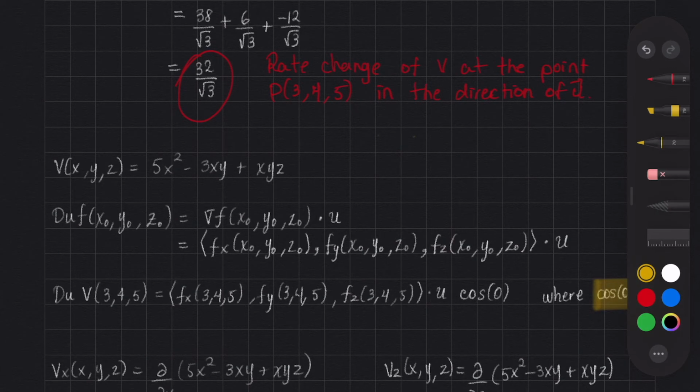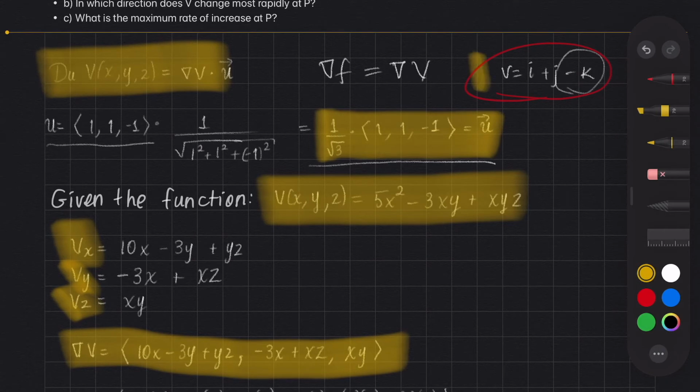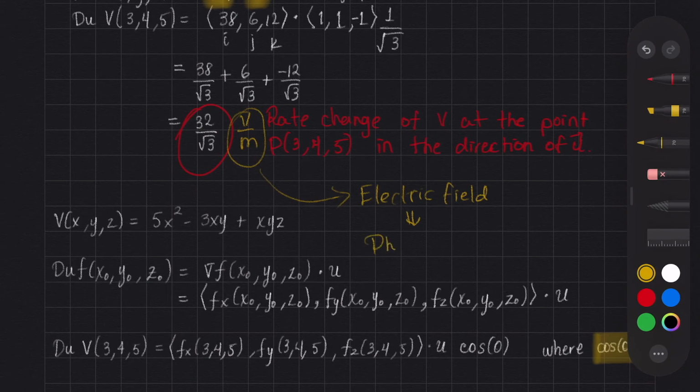And just a note on units. If the problem had assigned any units, for instance if they had said the region was measured in meters, then our rate of change would be in volts per meter, and this would be consistent with the units for the electric field, which is consistent with the definition from physics that by taking the partial derivative of the electric potential, we get the electric field, and vice versa.